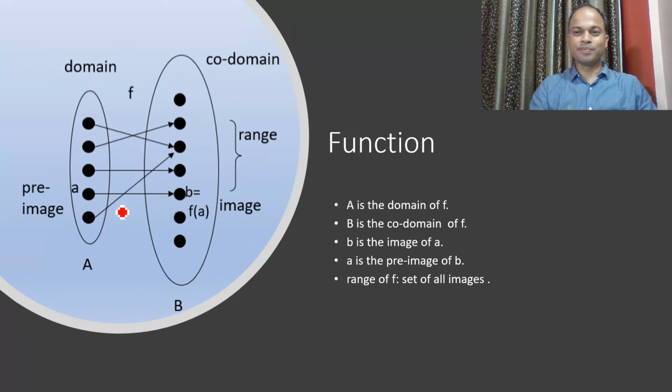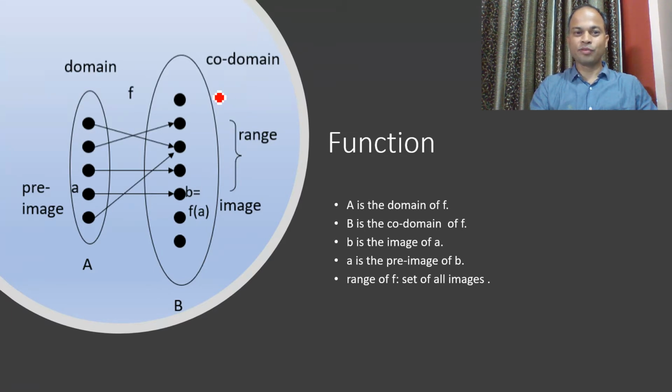If we talk about various terminologies of the function, then the first terminology is called domain. Here we have two sets, set A and set B, and we want to map elements of set A into set B. Then all the elements of set A are called the domain, and similarly all the elements of set B are called the codomain.